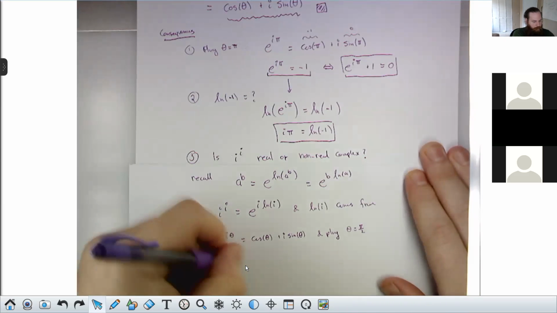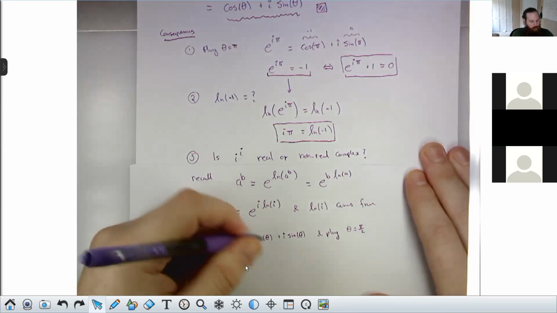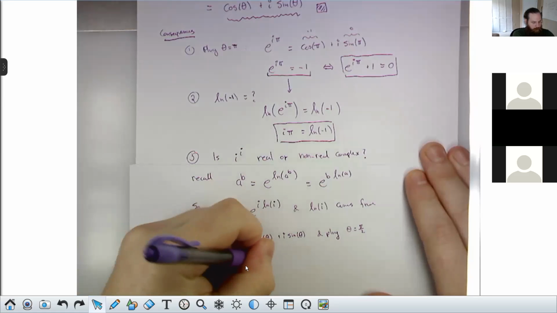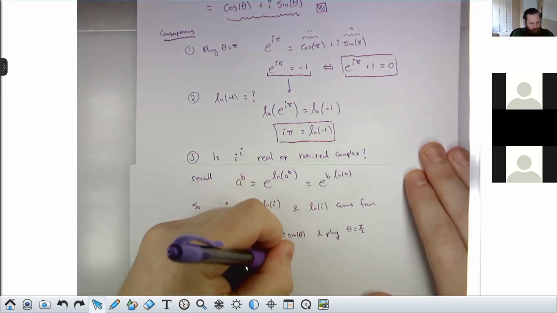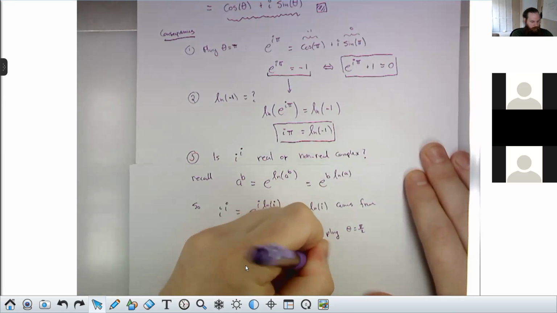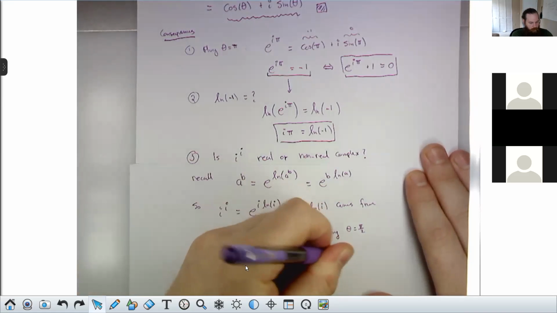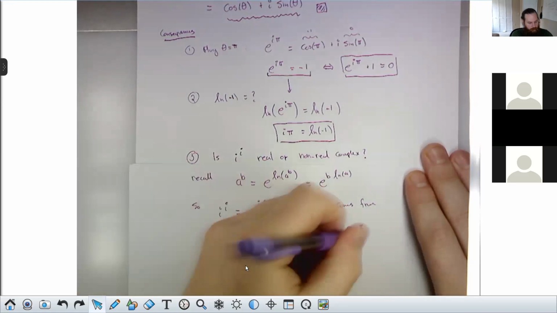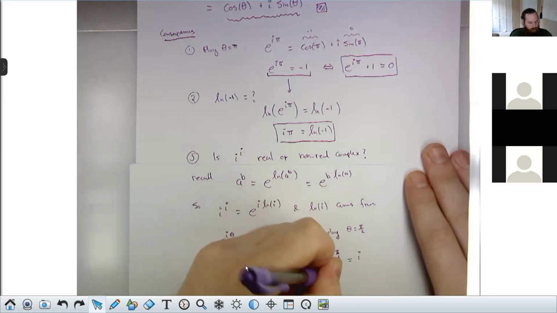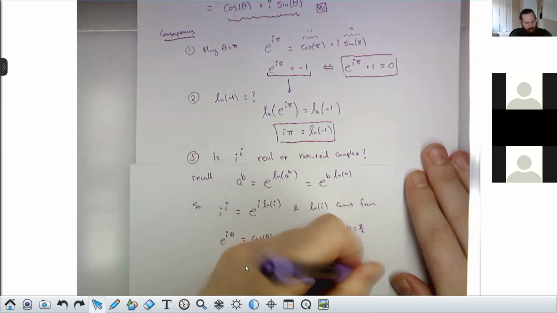So if I plug theta equals pi over 2 here, I get e to the I pi over 2 equals cos of pi over 2, which is 0, plus I times the sine of pi over 2. Sine of pi over 2 is 1. So in other words, e to the I pi over 2 is equal to I. And now if you take natural logs, you get that I pi over 2 is the natural log of I.